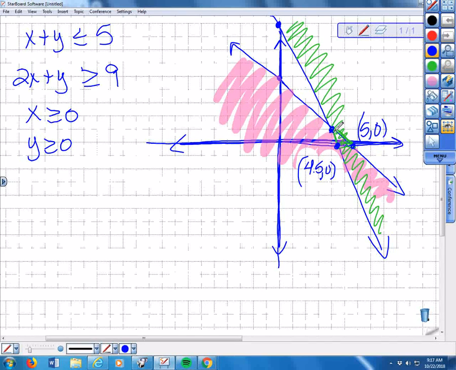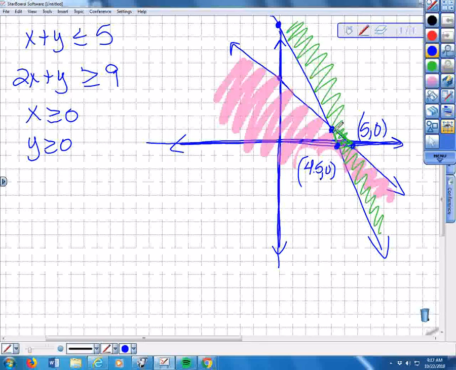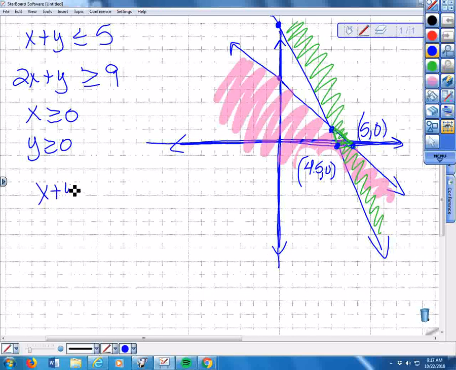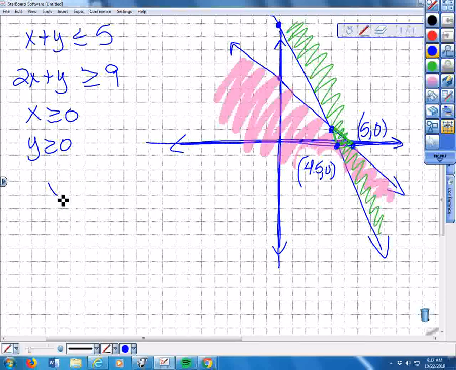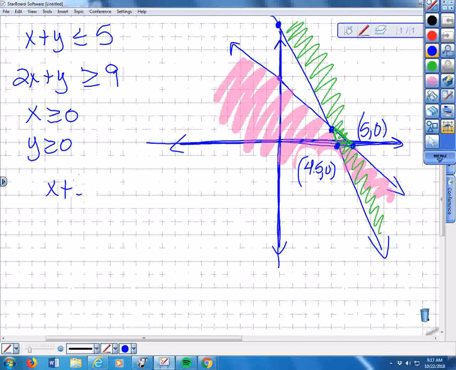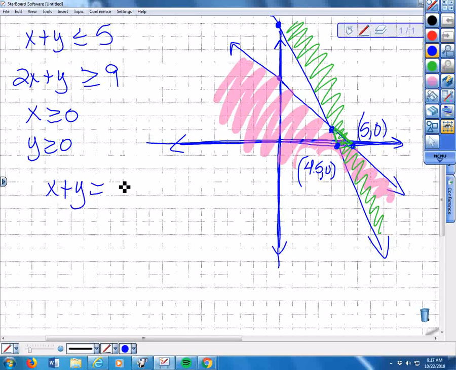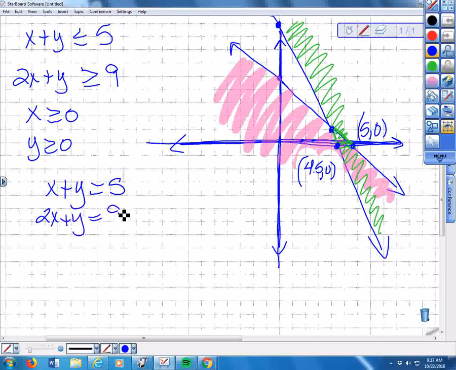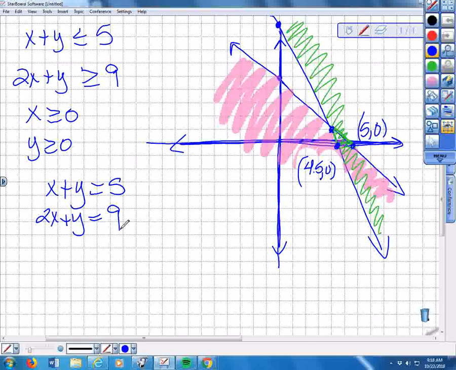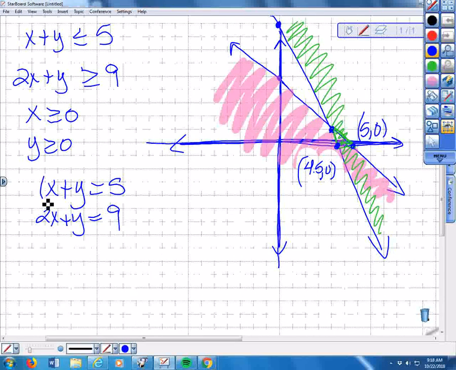So I just set the two lines equal to each other. It's the point of intersection. It's the solution to that system, two equations. So I could just multiply this by negative.